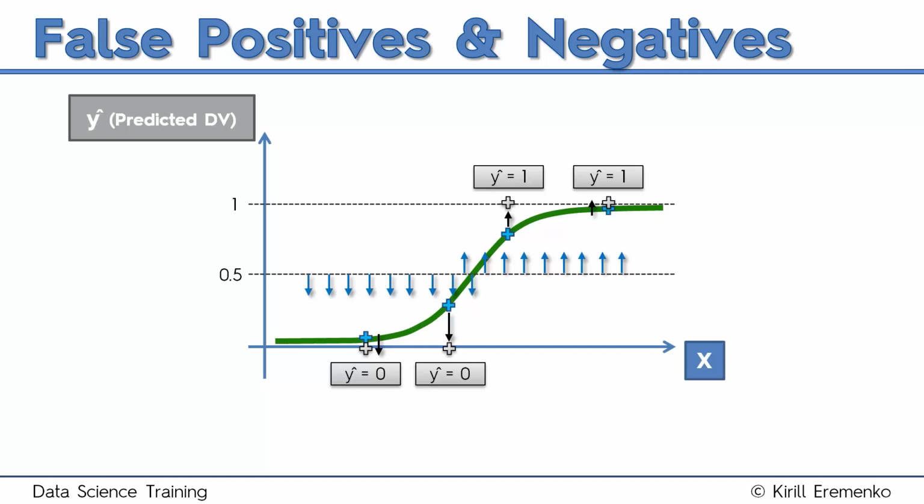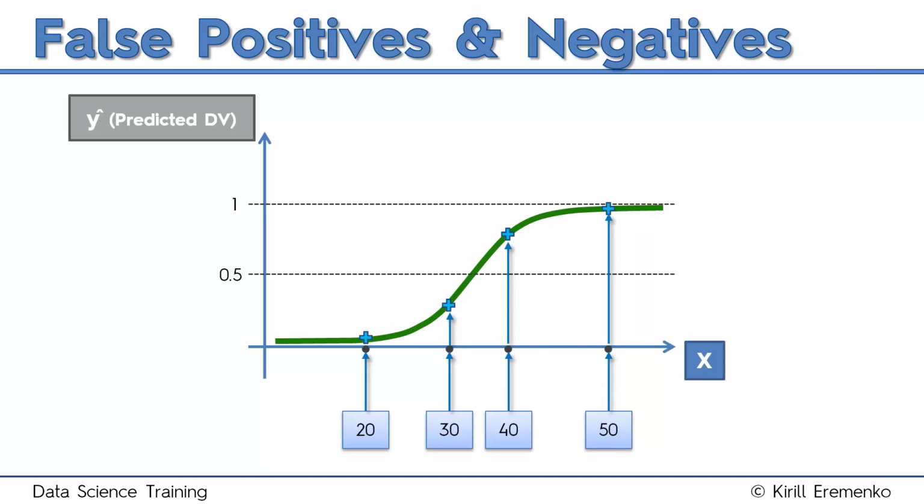Now let's take a step back. Where did we get these 4 values from? So we took 4 random values of the independent variable, and we just had a look at what would happen to them, how we would use the logistic regression function to ascertain what probability they have and what y hat values they have.